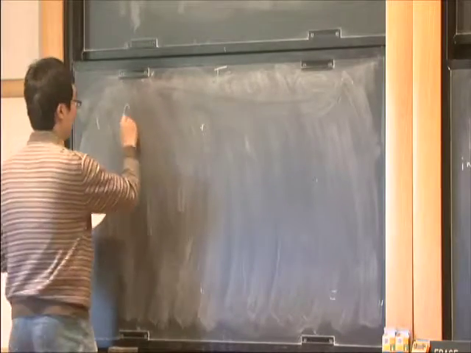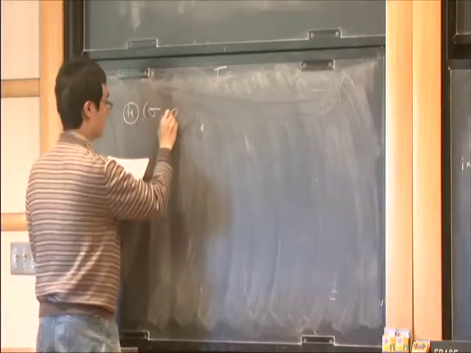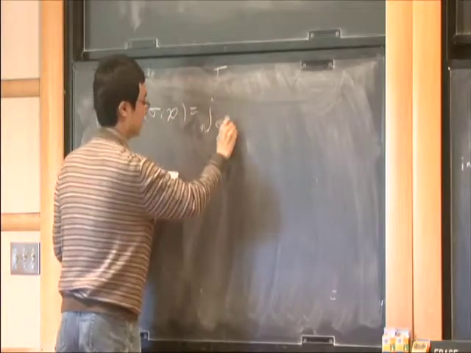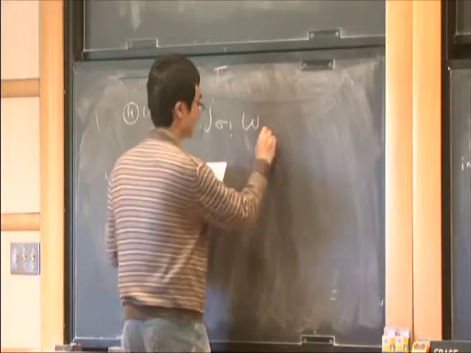And I define another so-called theta sheaf. This has to be a constructible sheaf, equal to j sigma, a push forward with proper support, proper push forward.